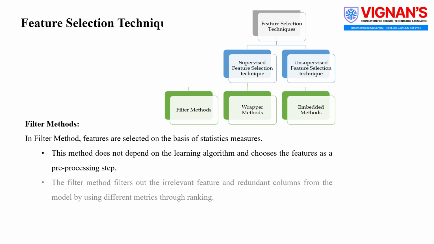Filter methods remove irrelevant and redundant features by ranking them using different statistical metrics. The biggest advantages of filter methods are: they are fast, they require very low computational time, and they do not overfit the data. So overall, filter methods give a quick and reliable first step for selecting useful features.